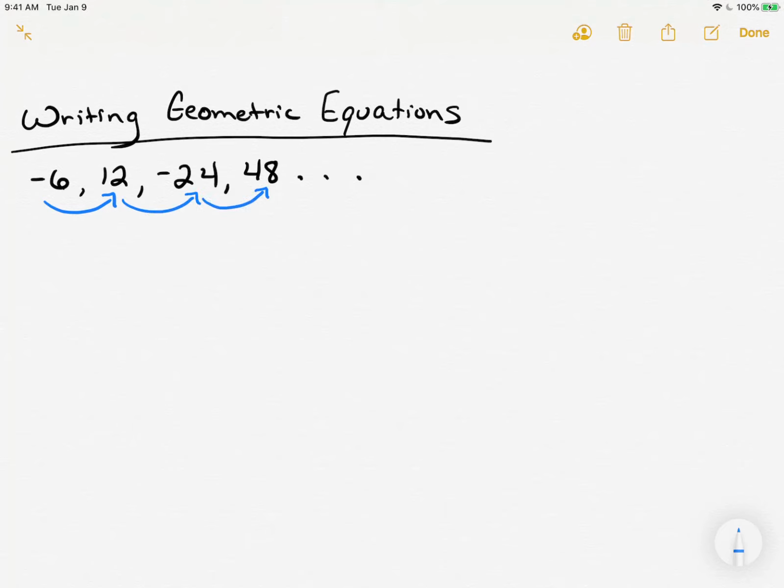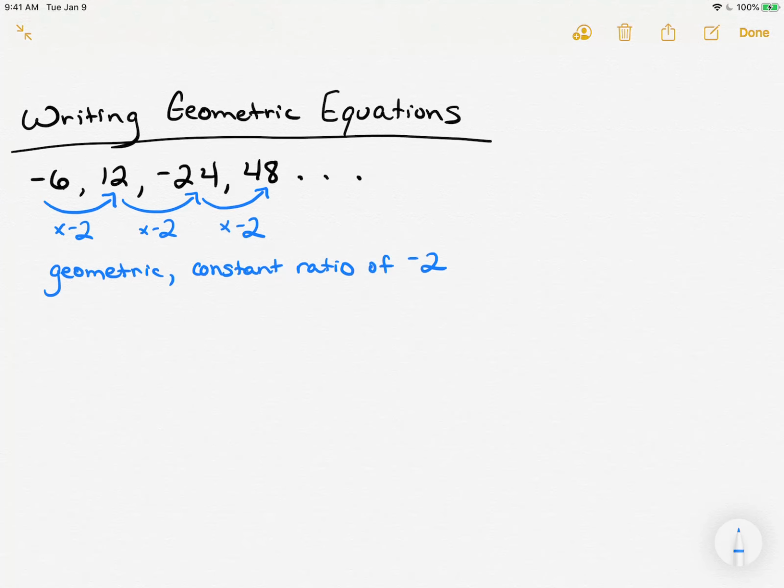Close. -2. So this is geometric with a constant ratio of -2, multiplying by -2 every time.